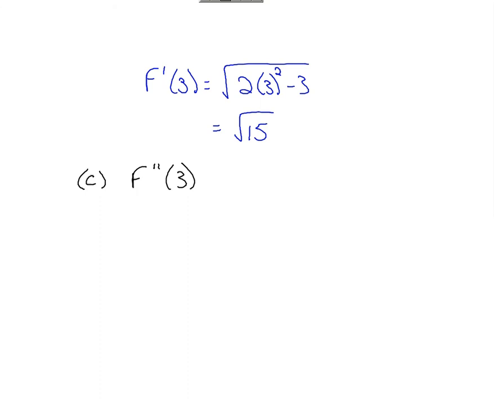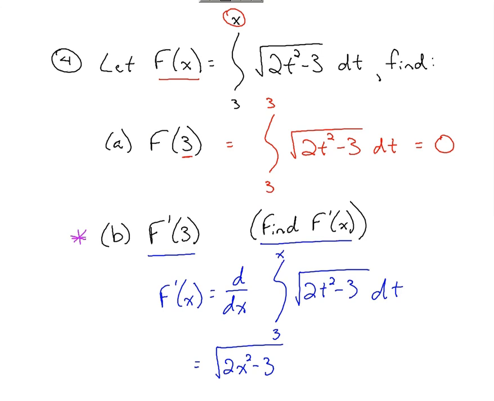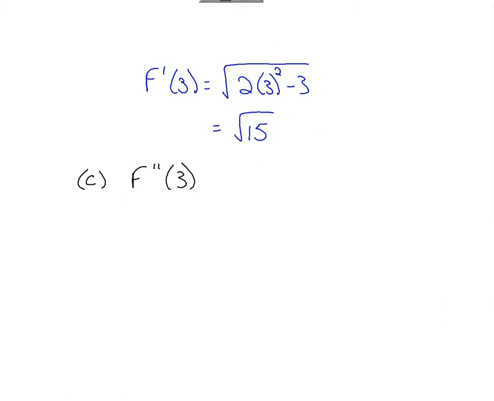Well, just like on part B here, if we were going to find f prime of 3, we had to find f prime of x first. First thing we want to do here is find f double prime of x. Well, how do you find a second derivative? You take the derivative of the derivative.